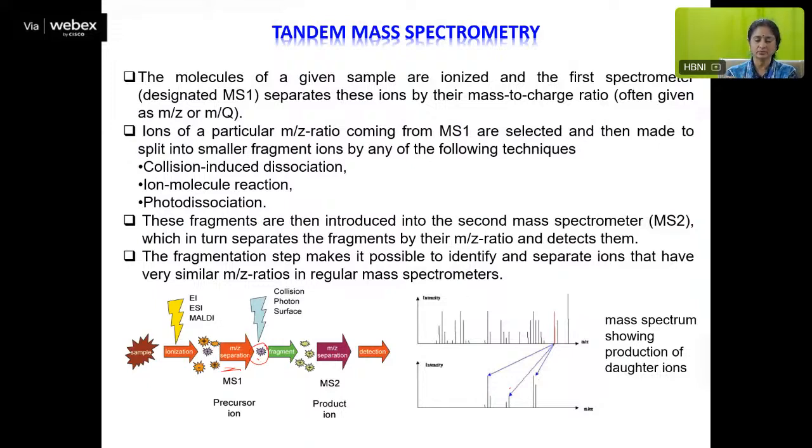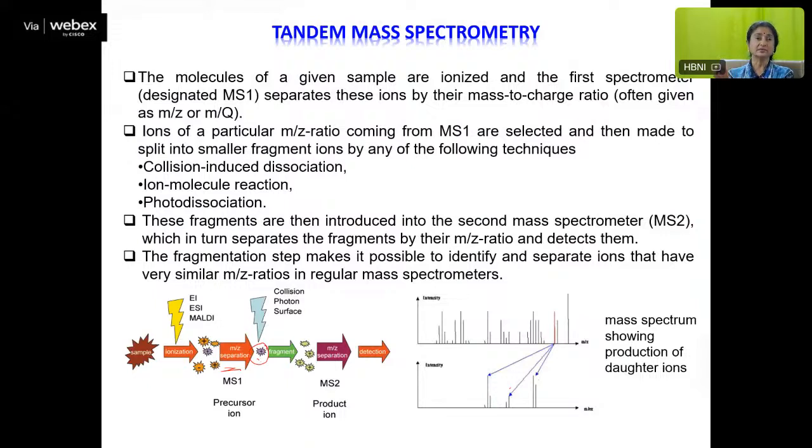So you can go through the literature: the molecules of a given sample are ionized, and the first spectrometer, designated as MS1, separates these ions by their mass to charge ratio, often given as M by Z or M by Q. Now ions of a particular M by Z ratio coming from MS1 are selected and then made to split into smaller fragment ions by any of the following techniques.